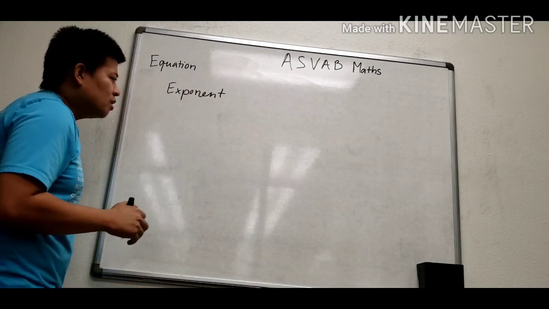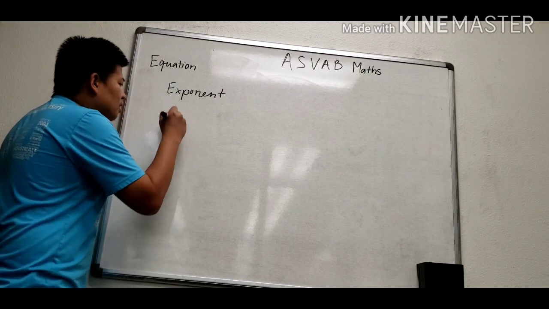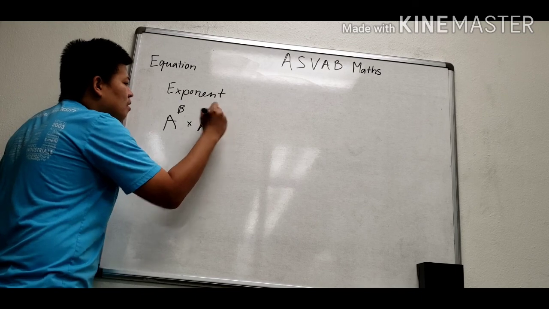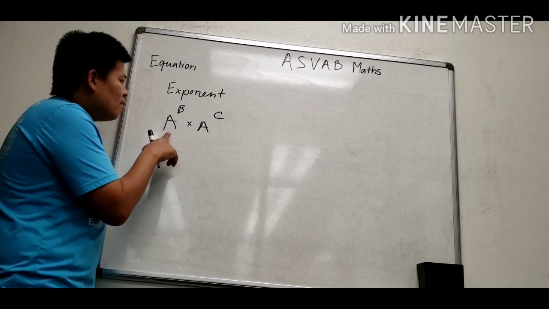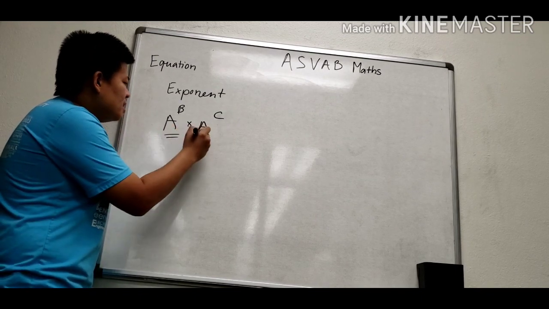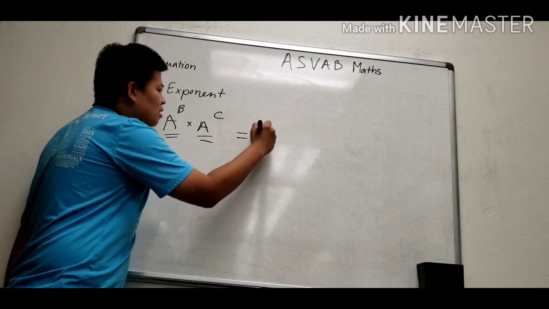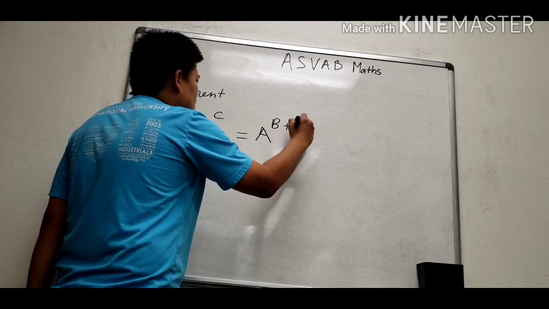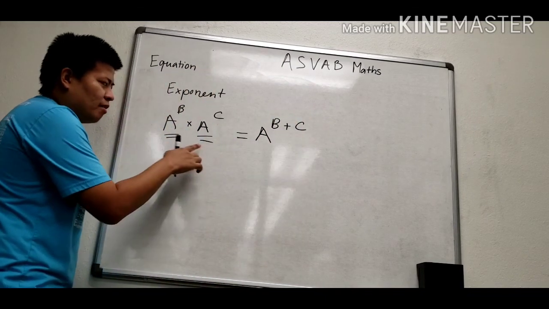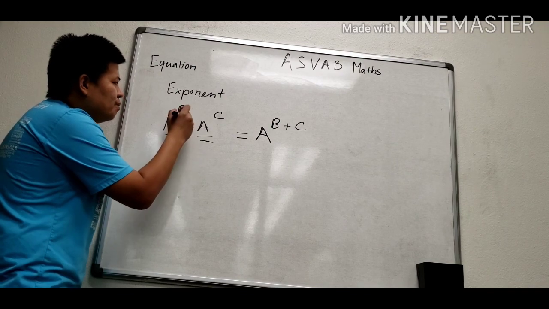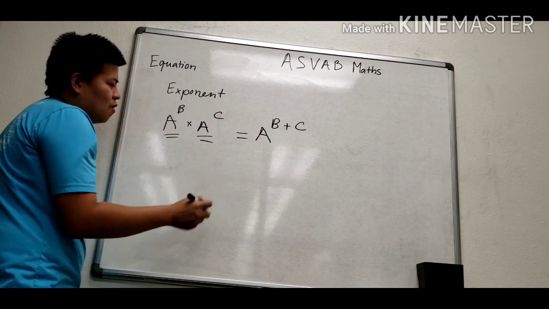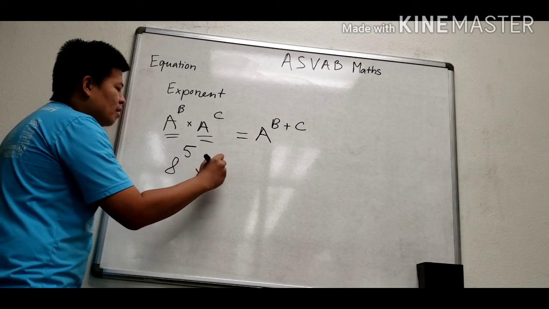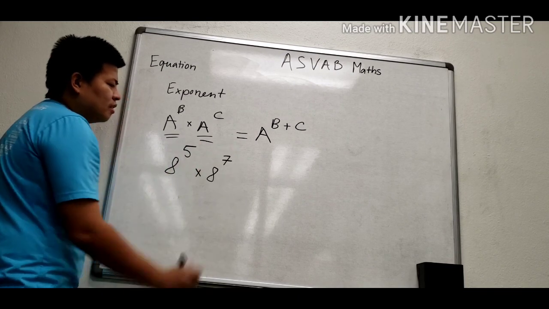In exponents, if they have the same base, we have the formula a power b multiplied by a power c equals a power b plus c. Because they have the same base, when we multiply together, b will add to c. For example, a power 5 multiplied by a power 7.